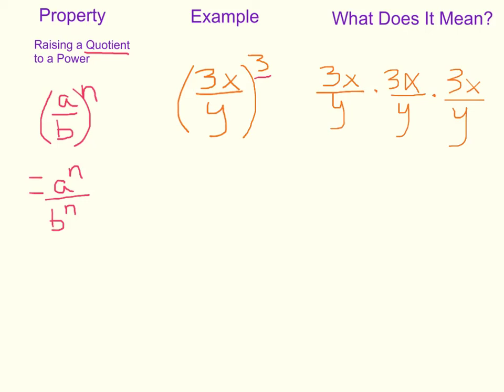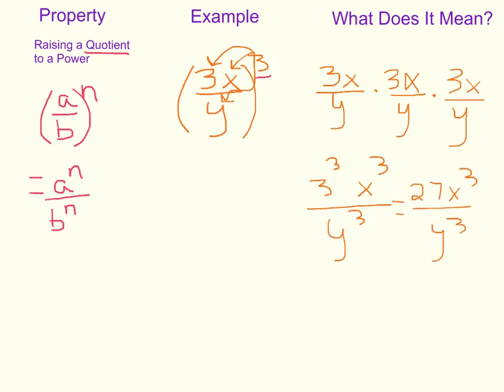So you have 3 3's, so that would be 3 to the 3rd power. You have 3 x's, so that would be x to the 3rd power, and 3 y's, y to the 3rd power. So everything is now taken to the 3rd power. And 3 to the 3rd power is 27, so 27x to the 3rd, y to the 3rd.